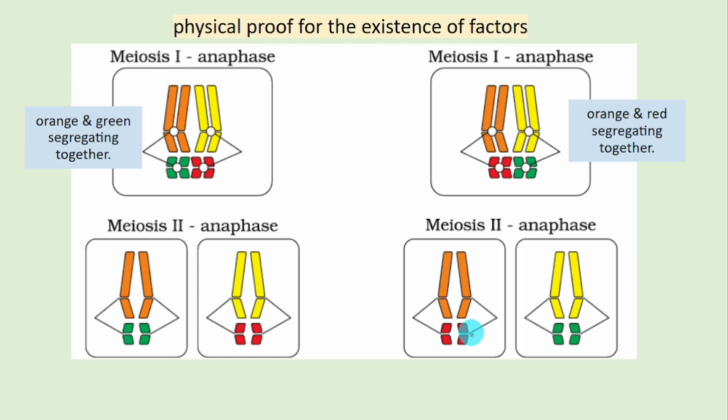So this gamete will have orange and red chromosome. Okay, so this is called law of independent assortment. The segregation of this pair is independent of another pair present in the genome. So orange is free to segregate either with green or red. It is just a matter of chance.